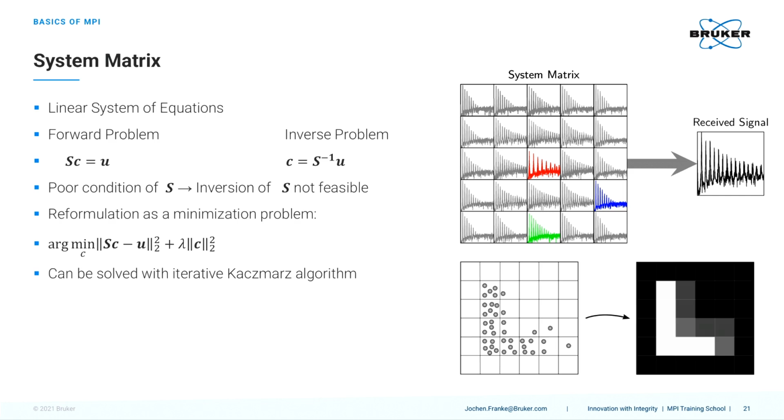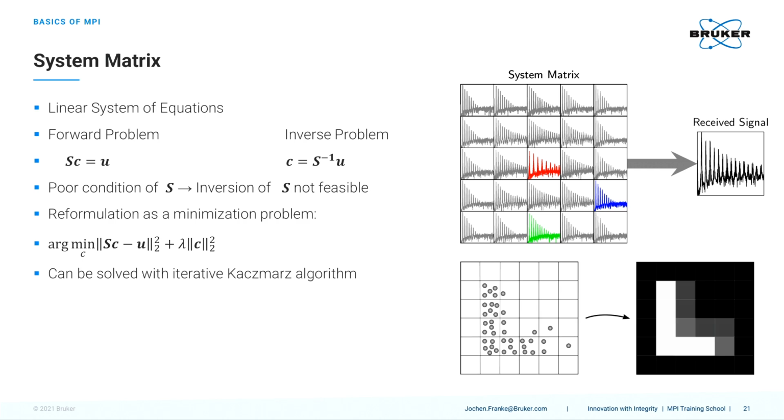And this we do for each point in space, and this spans up, so to speak, our system matrix. Now, as MPI is quantitative, we can formulate an equation: the system matrix times the concentration of the particle equals the induced received signal. Okay?